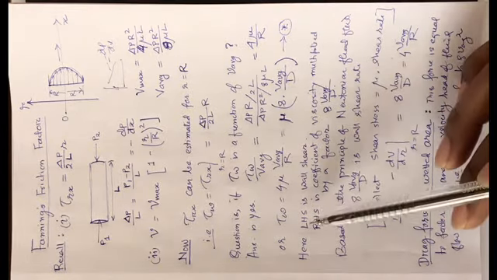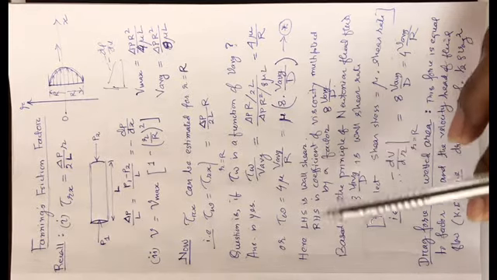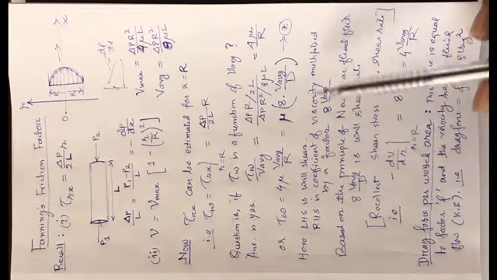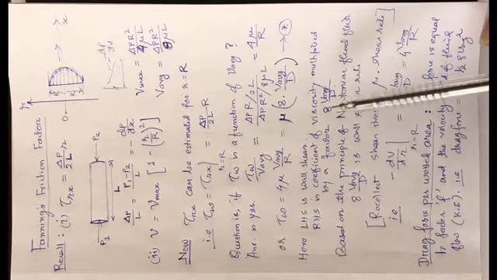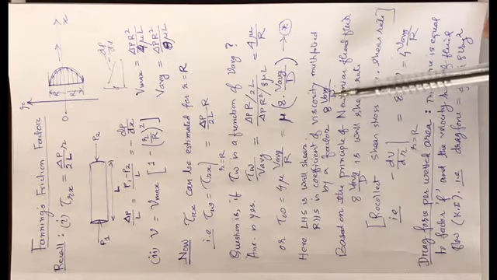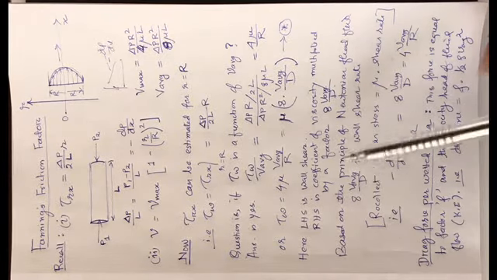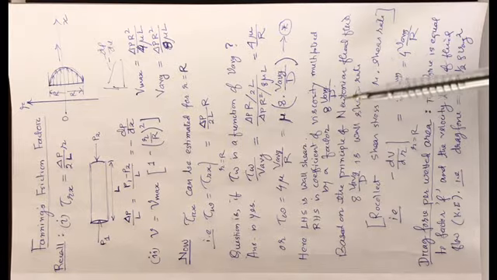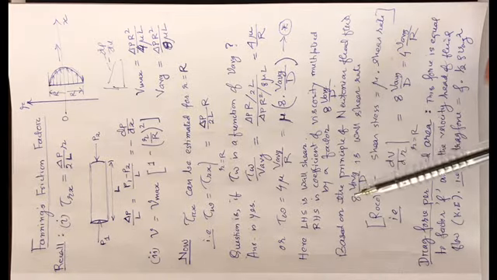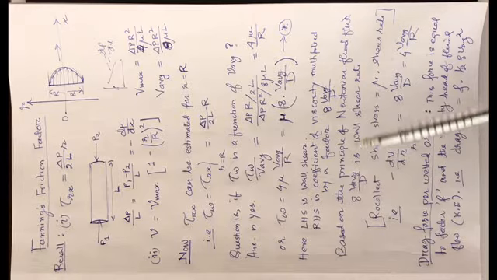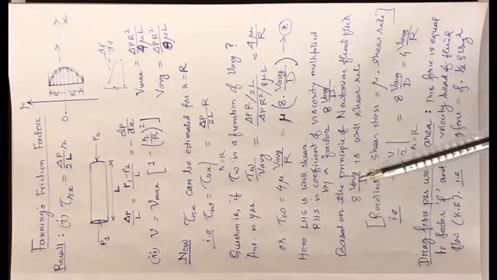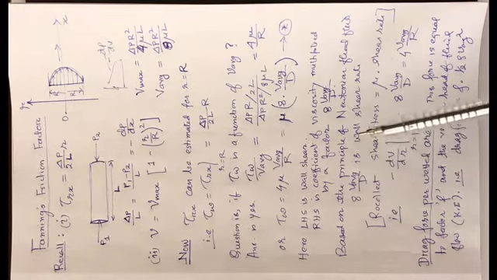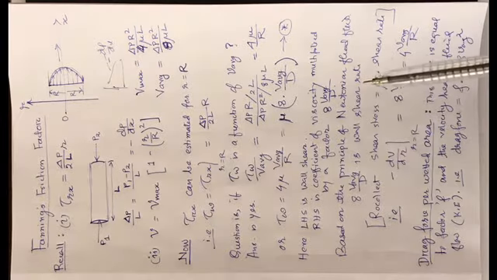Now here the left hand side is the wall shear, and the right hand side is the coefficient of viscosity multiplied by a factor 8 times V average by d. When we apply that principle, that shear stress is equal to shear rate multiplied by coefficient of viscosity, then 8 times V average by d becomes the wall shear rate.